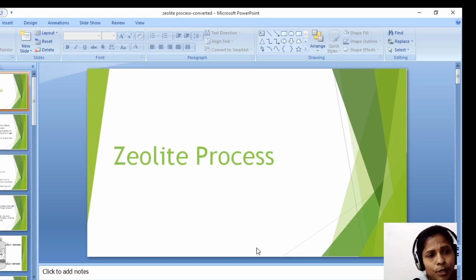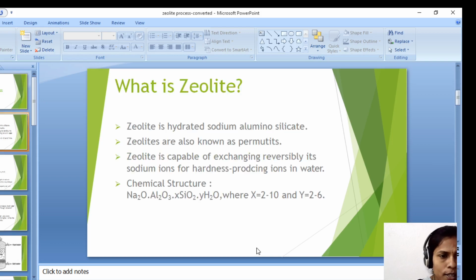So the resin which we are using in the ion exchange method exchanges all hardness causing ions, meaning all the cations and all the anions in the water sample. Whereas in the zeolite process, we can remove only the cations; we can't remove the anions by using the zeolite process. So let us see what the zeolite process is.